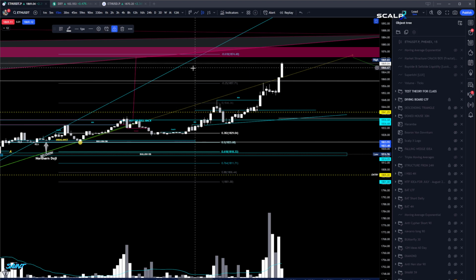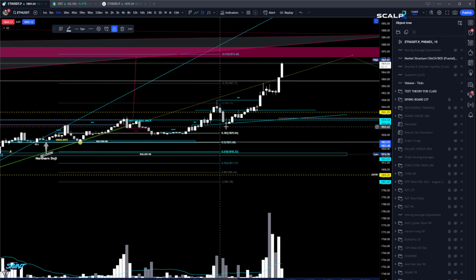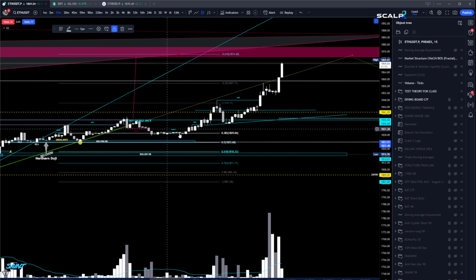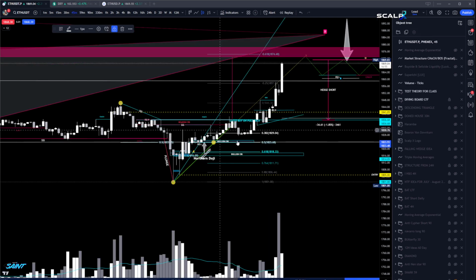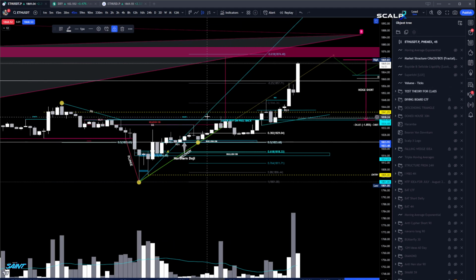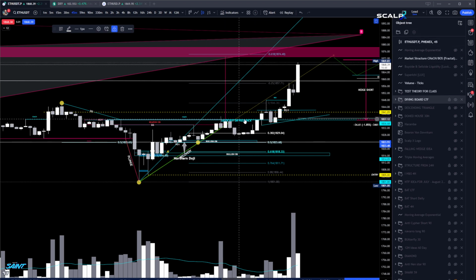I needed a 15-minute and 5-minute for confirmation because look, we got a break of structure, push up, which is another break of structure through here, but we came back down, which is fine because on a 45-minute, we flashed a change of character right over here, right at 36.